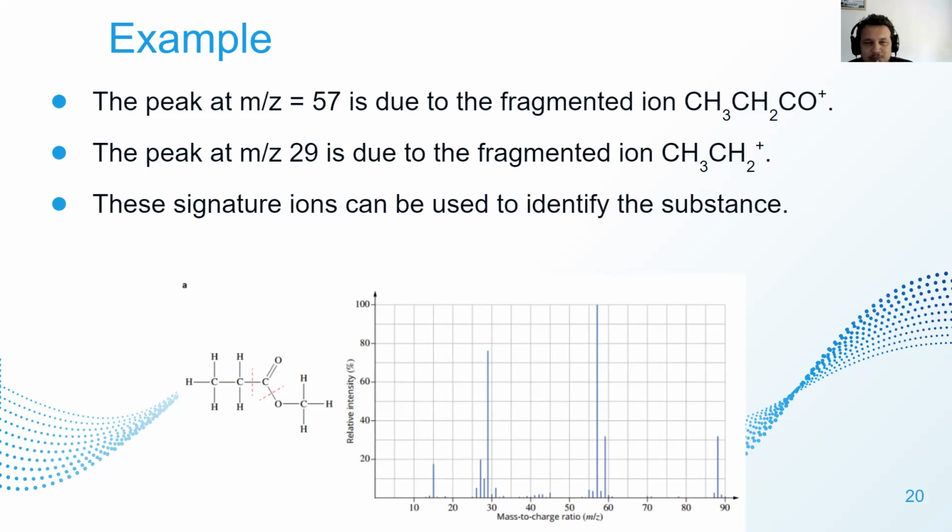You'll either have to identify a situation in which you could use this to solve a problem, or you would be given the IR spectrograph as well, which would allow you to identify what the molecule is.